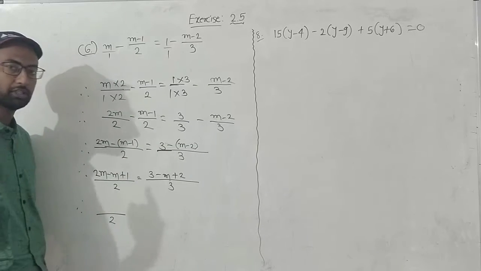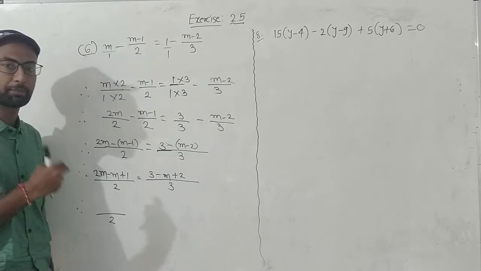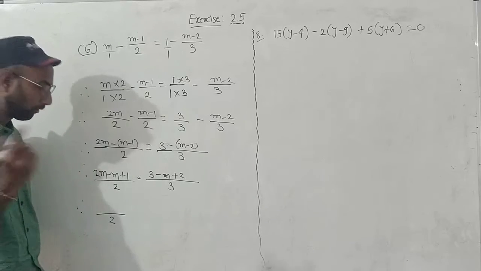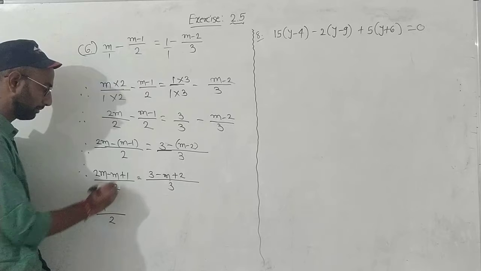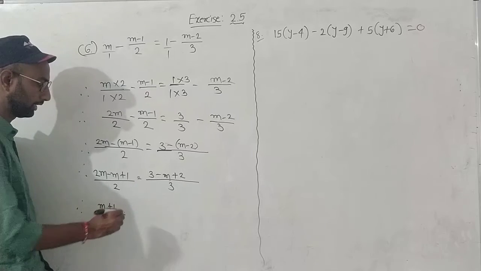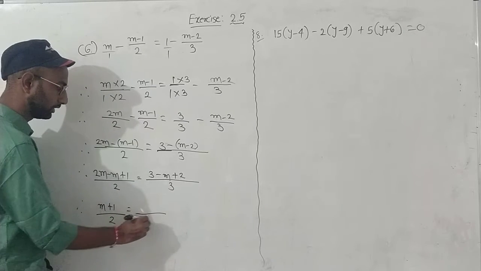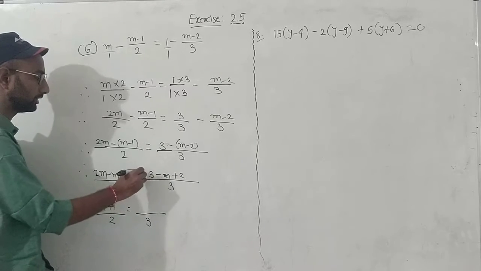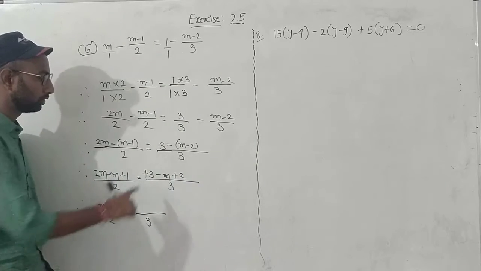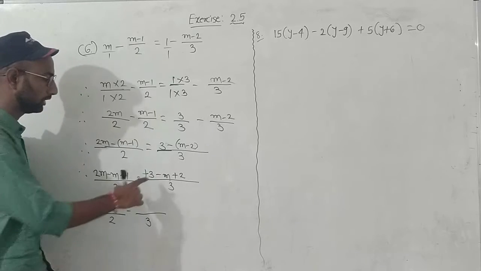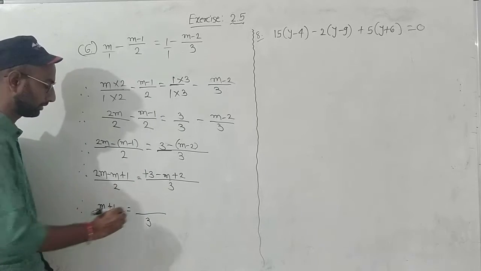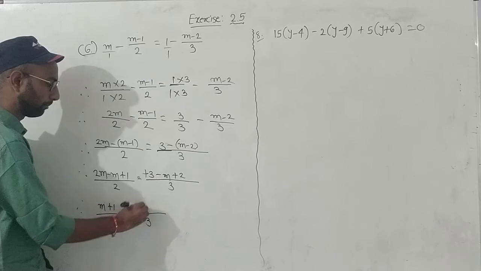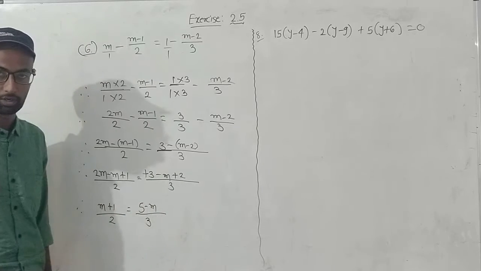And how many m is here? 1m. तो 2m में से 1m subtract हो जाए तो how many m will remain? 1m. m plus 1. And here 3 as it is. This is plus 3, this is plus 2. So 3 plus 2 is 5. 5 minus m.